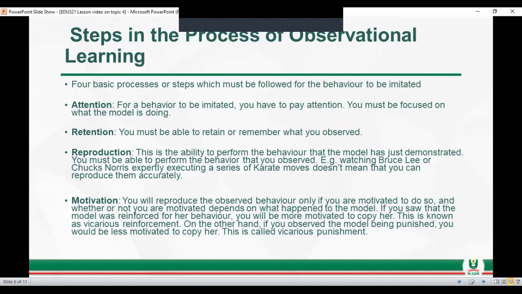One of these factors is attention. For a behavior to be imitated, you have to pay attention. You must be focused on what the model is doing. Of course, you can be in the presence of a model without noticing what that model is doing.